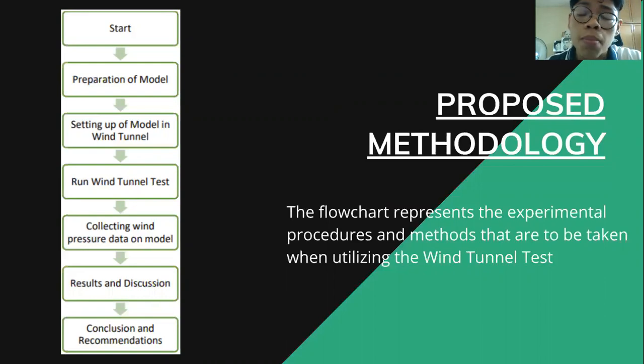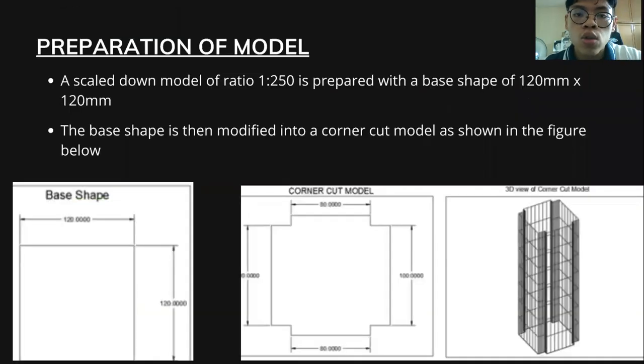Then we have to prepare the model, set up the model in the wind tunnel, run the wind tunnel test, collect wind pressure data on the model, then have results and discussions with people of higher knowledge, supervisors, and then have our conclusions and recommendations. For the preparation of the model, we have a scaled down model of 1:250 with a base shape of 120 mm by 120 mm. This base shape is then modified into a corner cut model as shown in these two figures below.